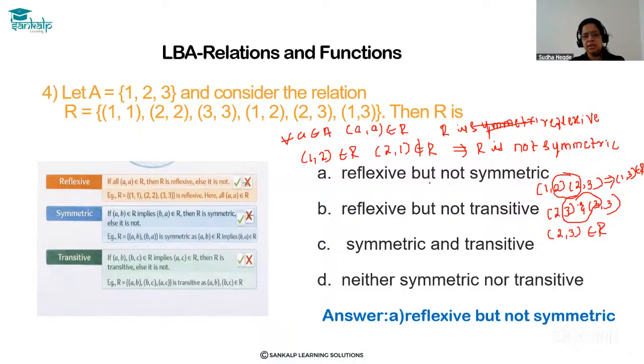Any other possibilities? (1, 1), (1, 3). If you leave these two, you will get (1, 3). It is also in R. Correct? Therefore, it is transitive. Therefore, R is transitive.